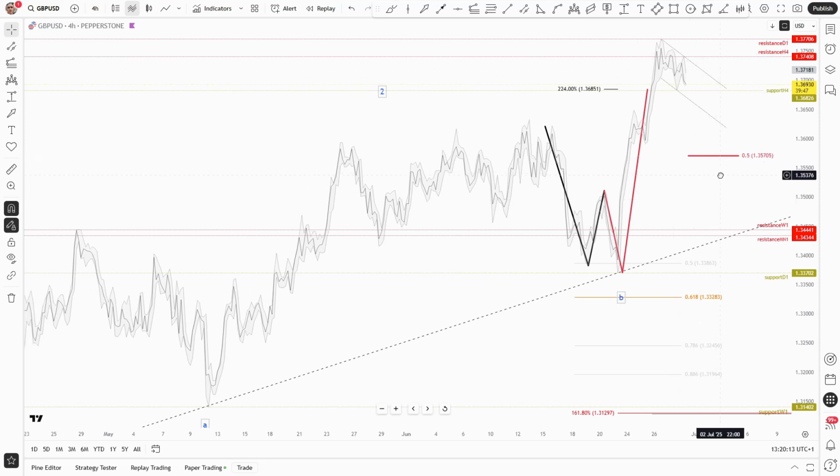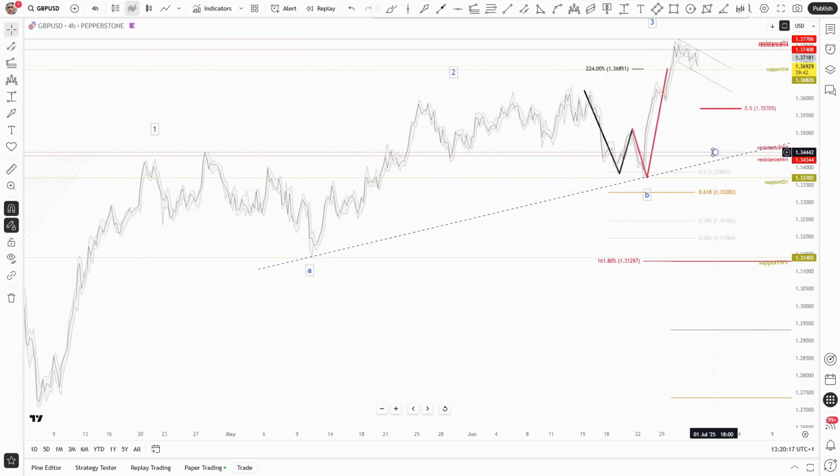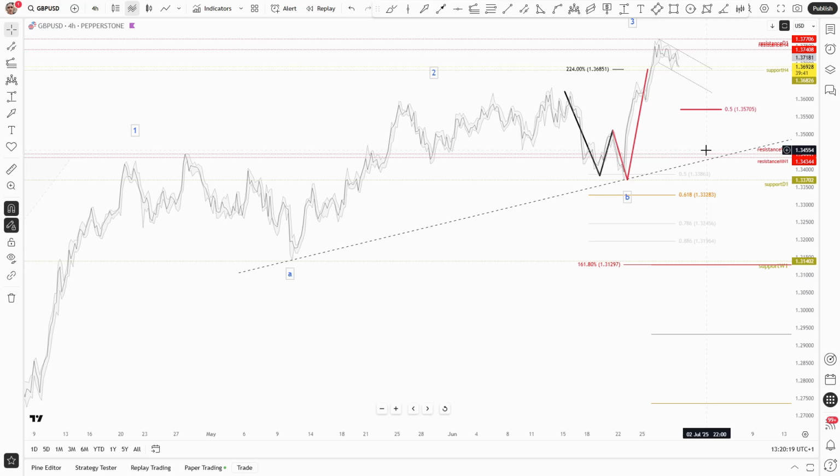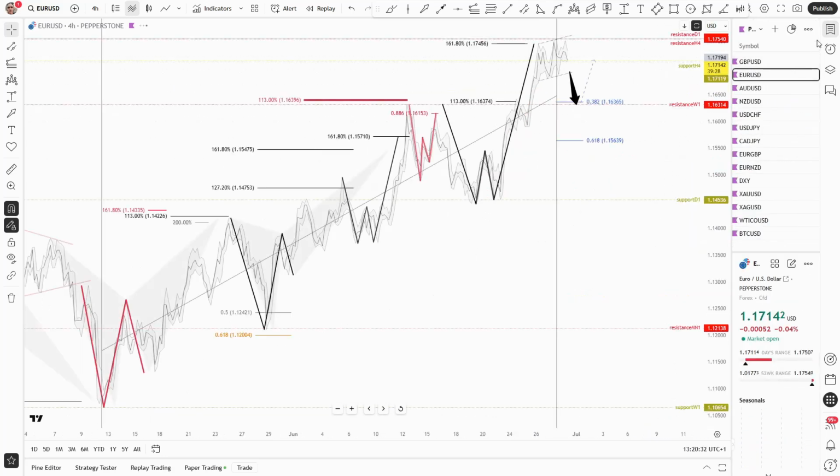So we have multiple patterns favoring or suggesting a potential pullback for the Great British Pound, and I will not be surprised with that, specifically after this very strong rally to the upside last week. So I admit a potential pullback for the pound.